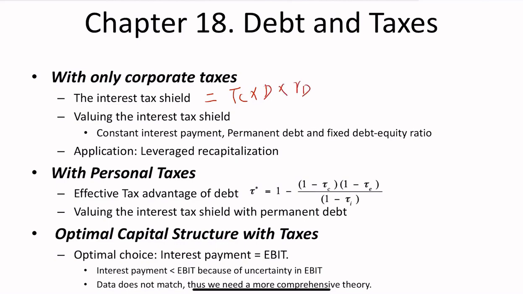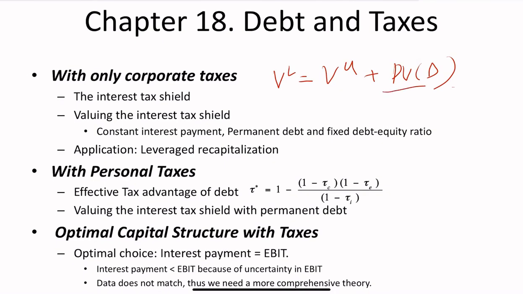And then we proceed to discuss the valuation of interest tax shield. Of course, we want to understand this because we know that the firm's levered value equals the firm's unlevered value plus the present value of interest tax shield.